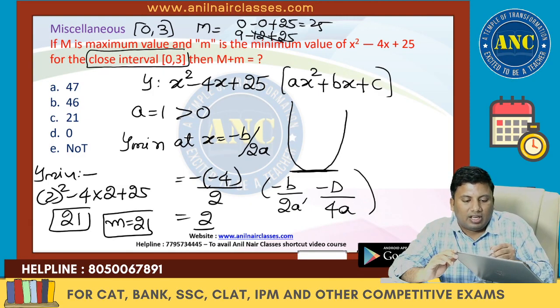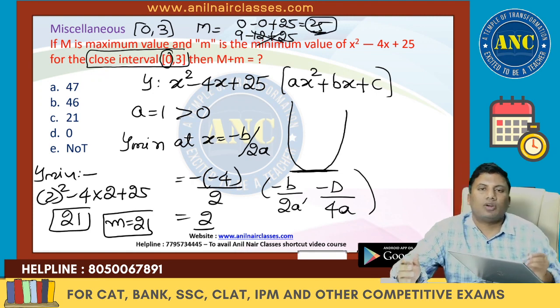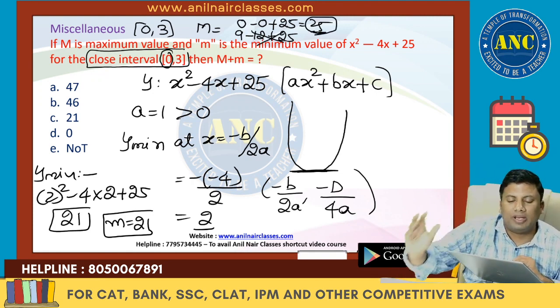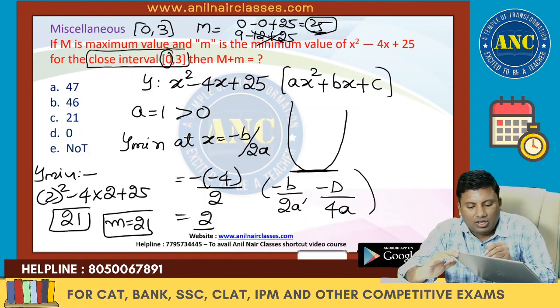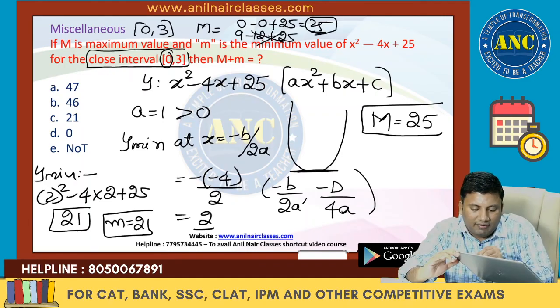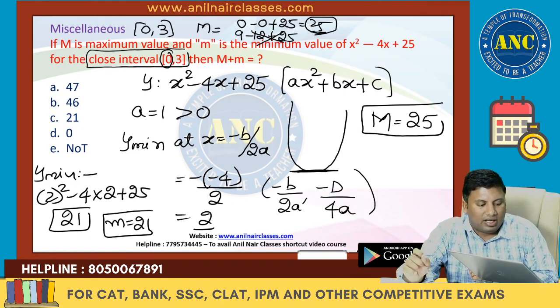So the maximum value is at 0. Otherwise it would have been minus infinity to infinity. So capital M is 25.